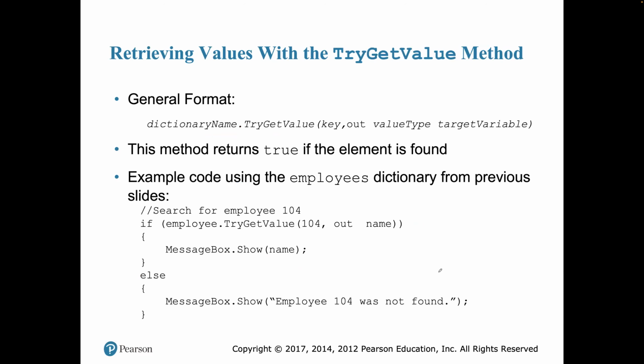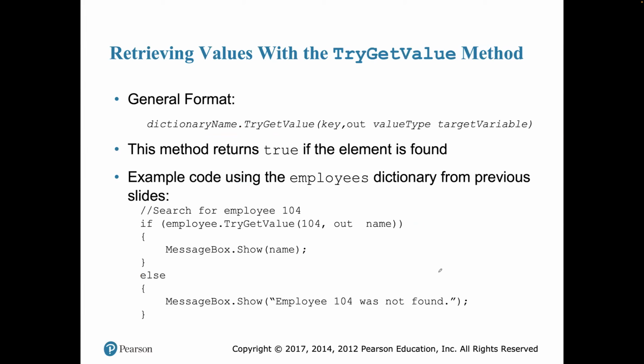In this slide, we'll introduce you a very important method. It's called the TryGetValue method. The TryGetValue method can help you find out whether this dictionary has this specific key.